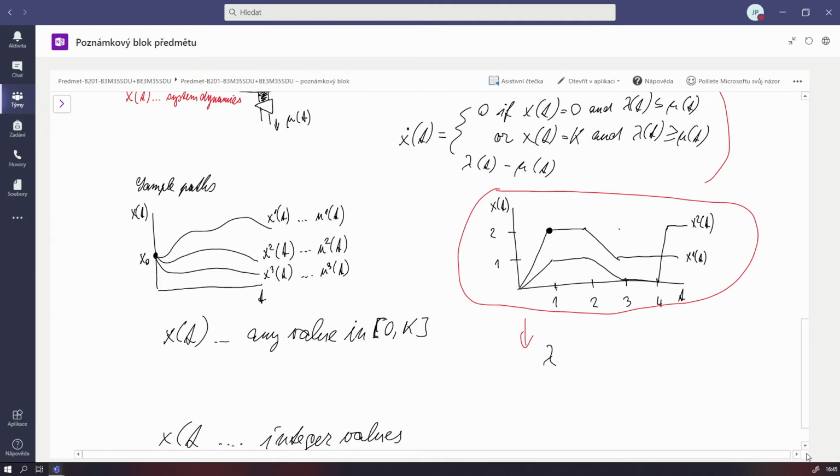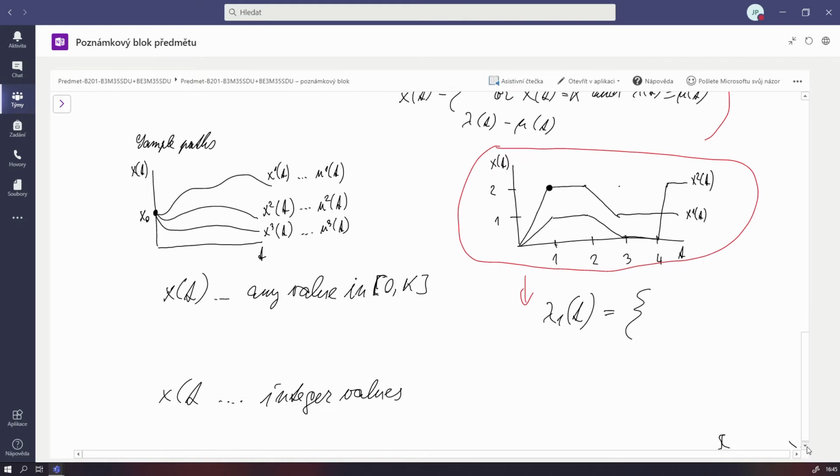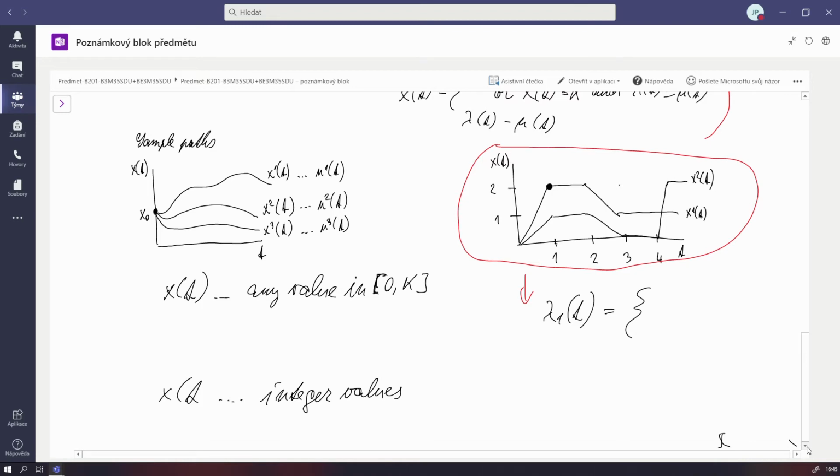So for this state variable x1t, we can have lambda 1 which can have various values, but we also need to know what the outflow is.